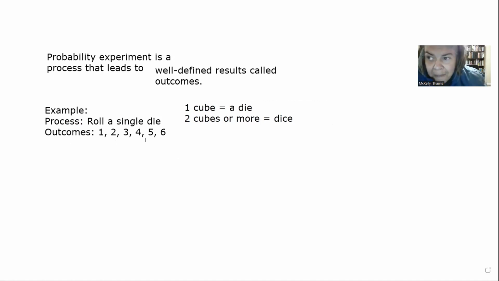If you roll the die, you're only going to get a single outcome each time you roll it. These are your possible outcomes.